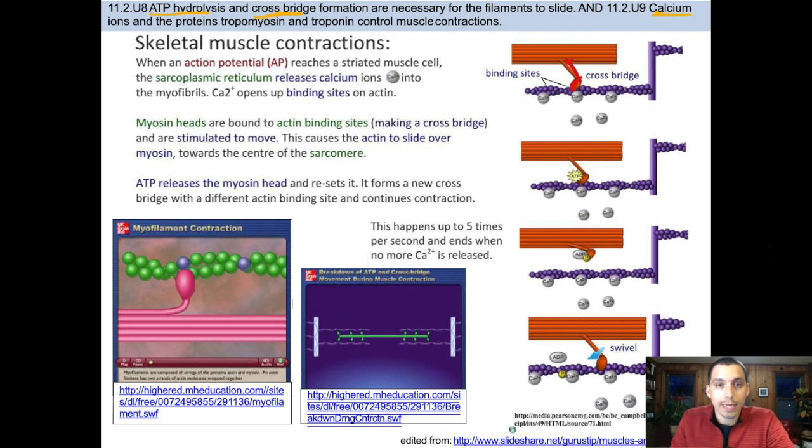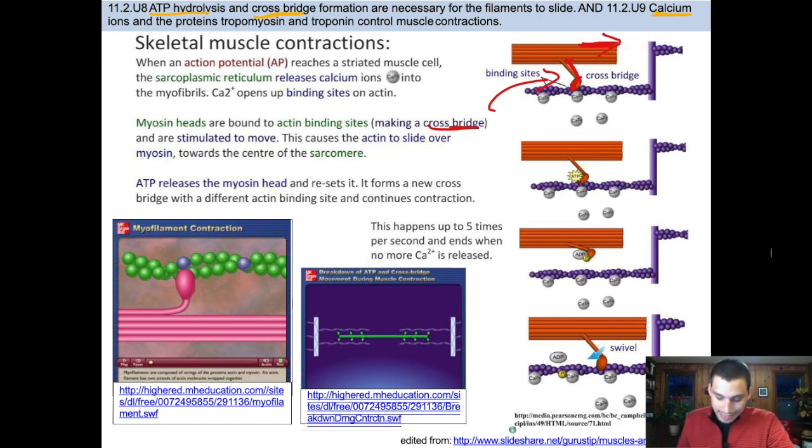The myosin is connected to the actin, and that is what is called a cross bridge. Okay, so this is a cross bridge. It's when the myosin binds to the actin. And when that happens, the myosin head will pull along and move the whole myosin towards the Z line. So it'll pull along the actin, it'll pull this way, and the myosin will move that way.